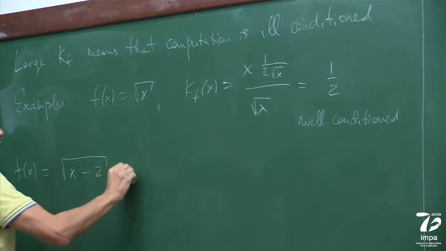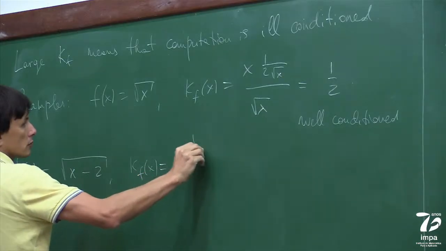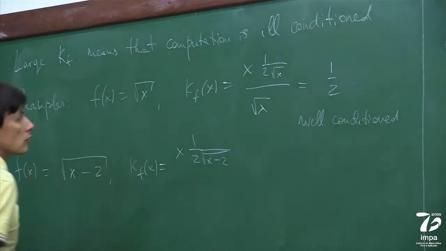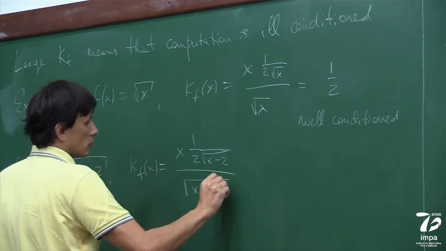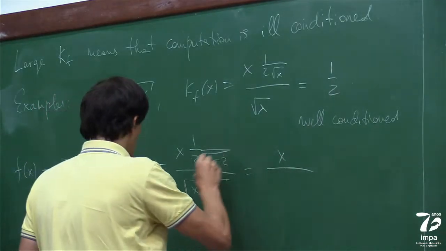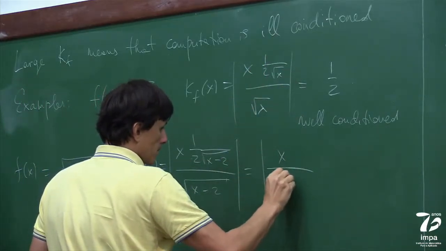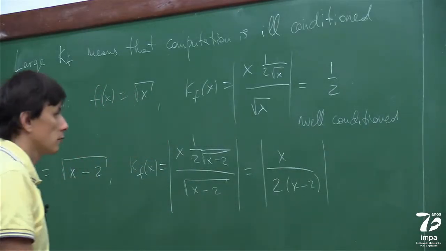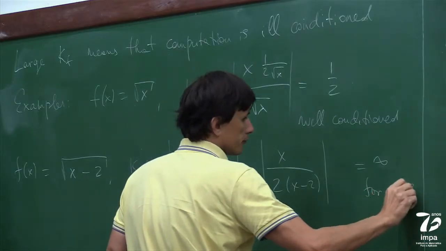The condition number will be x over x minus 2, so this is infinite for x equal to 2.